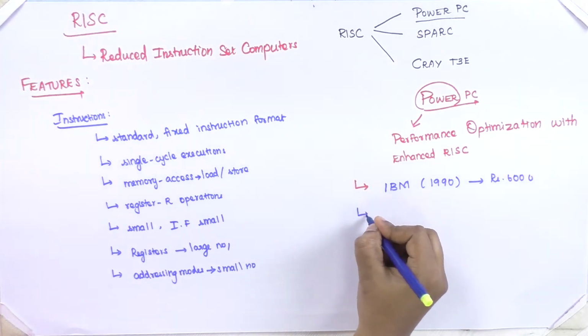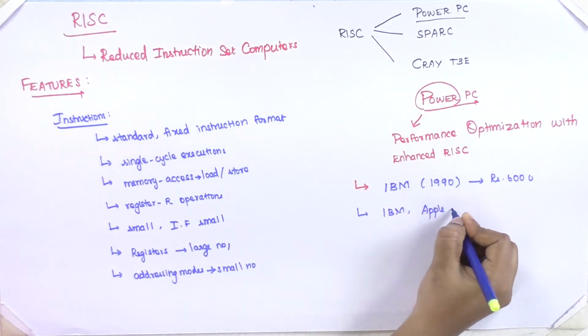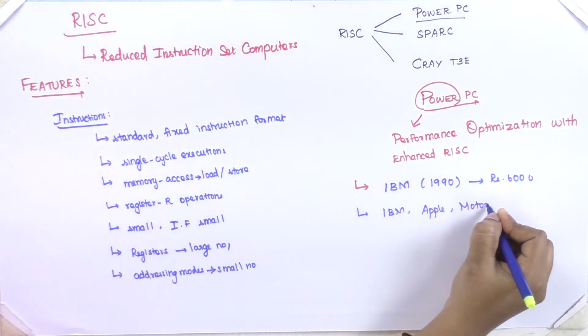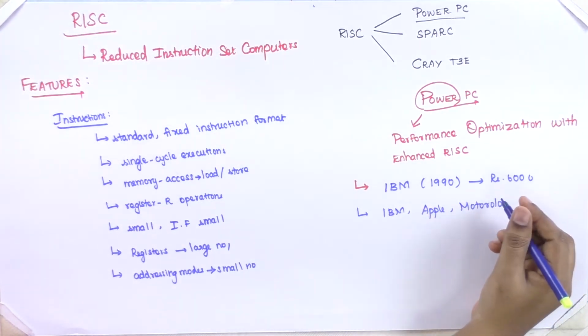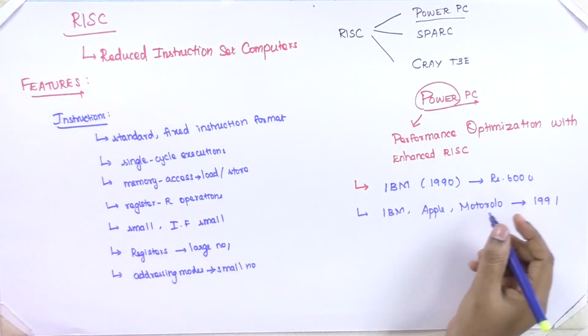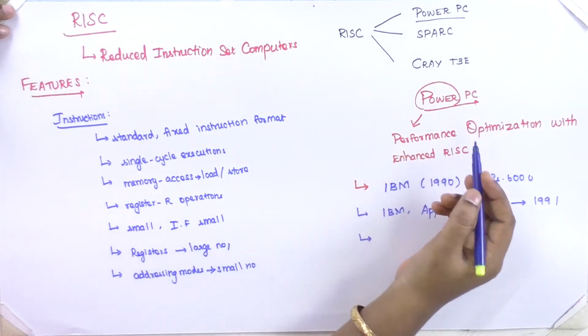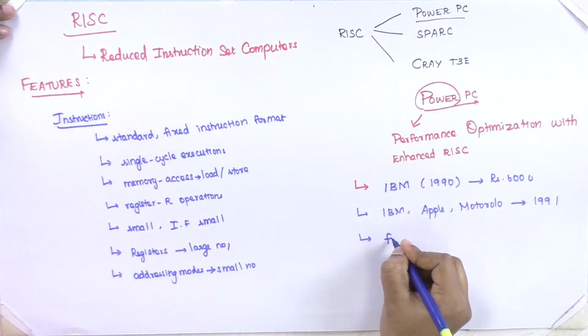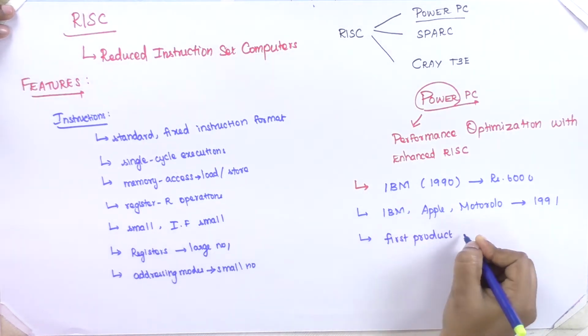Later on, IBM, Apple and Motorola, all these three companies formed an alliance to develop PowerPC in the year 1991, whereas the first product under PowerPC was delivered in the year 1993.